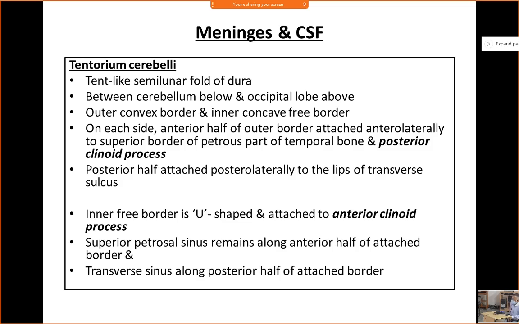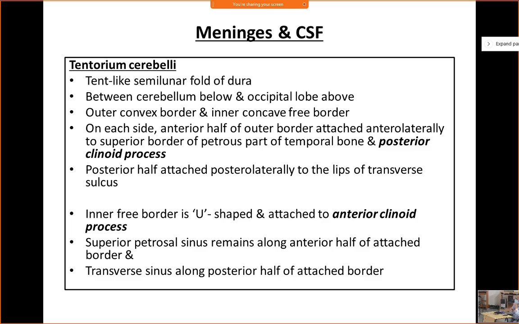Now on each side, what will happen to the anterior half of the outer attached border? On each side, the anterior half of the outer border is attached anterolaterally to the superior border of the petrous part of the temporal bone.